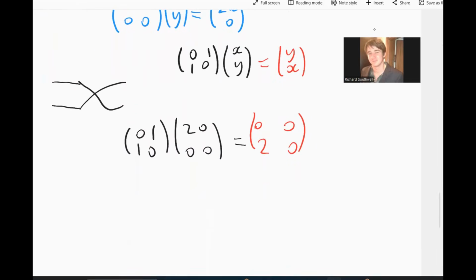Our two inputs come in. Our second input, we delete it, and then we make a 0, and that's what comes out as the second output. And for the x, the first input, we copy it and add it to itself, so that effectively times it by 2, and that's what comes out.